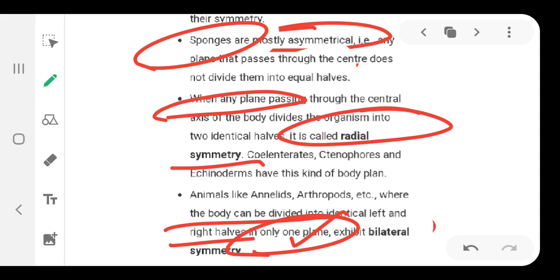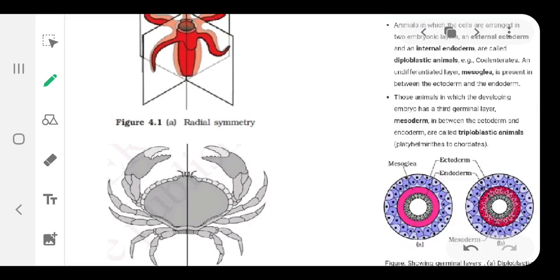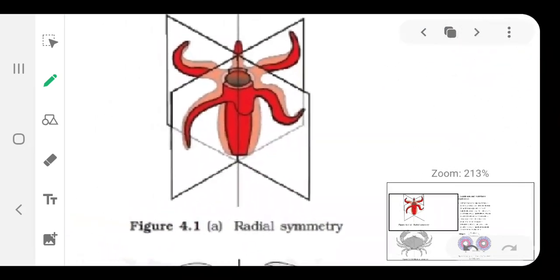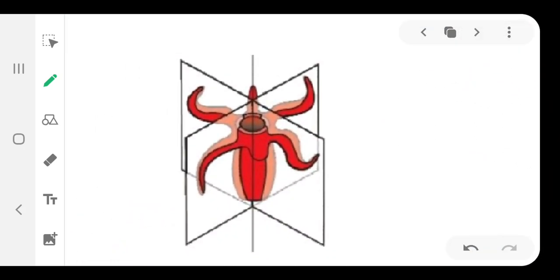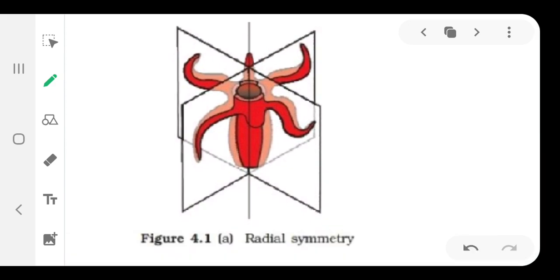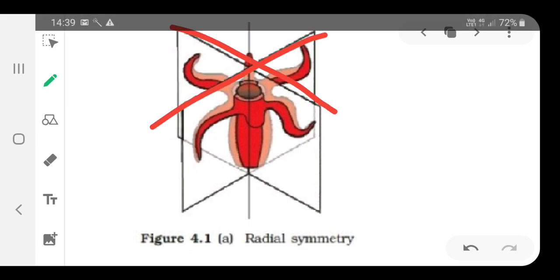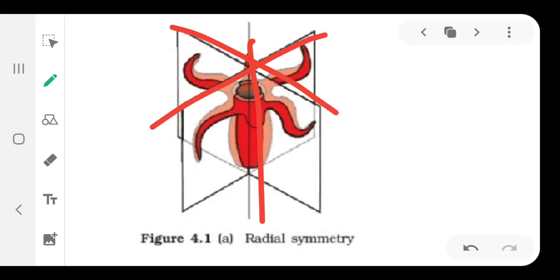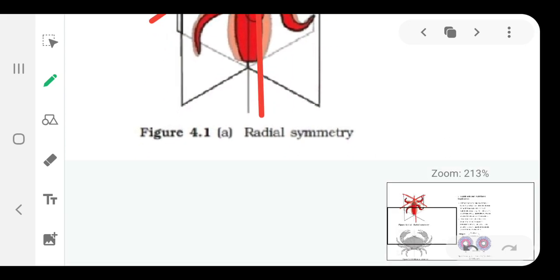So, what is any plane and what is one plane? Just see this particular diagram, it gives you some idea. In the case of radial symmetry, as you can see in this diagram, I can divide the body into 2 equal halves in any plane. One plane is this side, another plane is this side, another plane is that side. On any axis I divide, the body is divided into 2 identical halves.